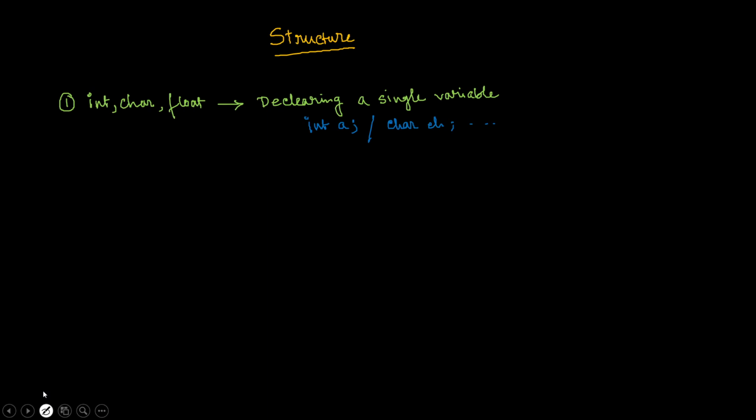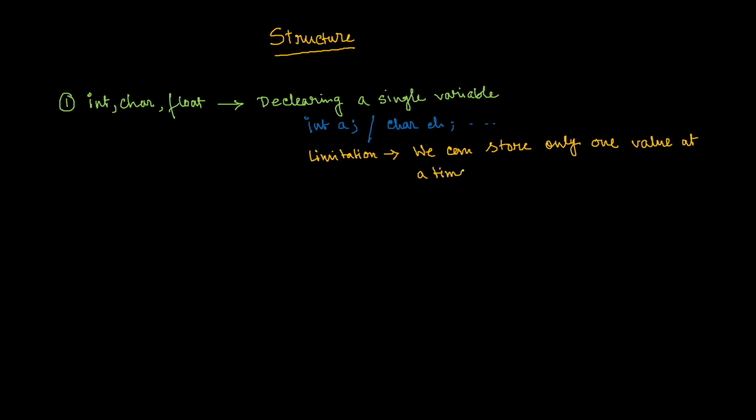Now, what is the disadvantage of doing this? Disadvantage means limitation. What is the limitation of this? As a limitation, we can store only one value at a time, right?